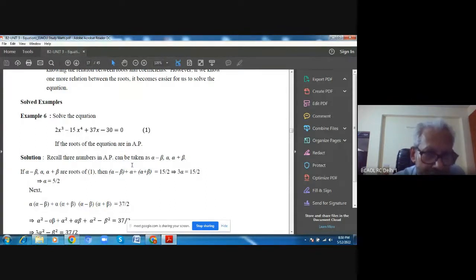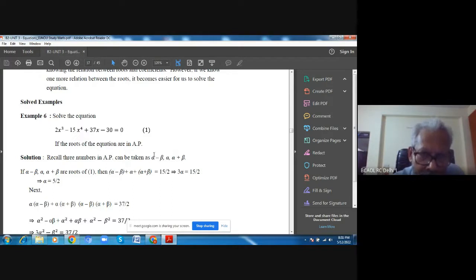Try to understand. Now in this case, because it is an AP series, you have to take at least three terms: alpha minus beta, then alpha, comma, alpha plus beta. Suppose in the AP form we know 1, 4, 7, this way. So here also you have to take the formation alpha minus beta, alpha, and alpha plus beta.